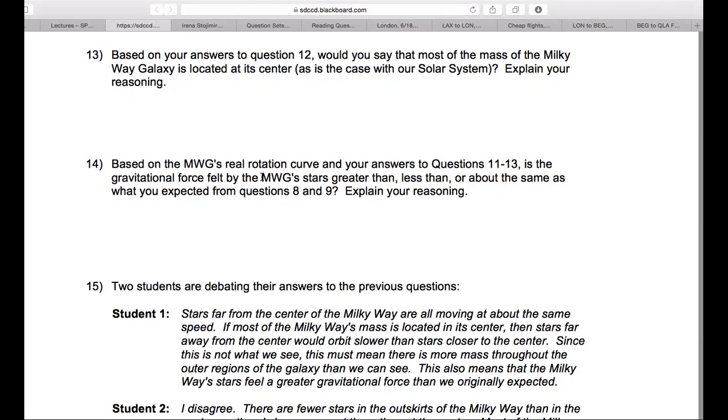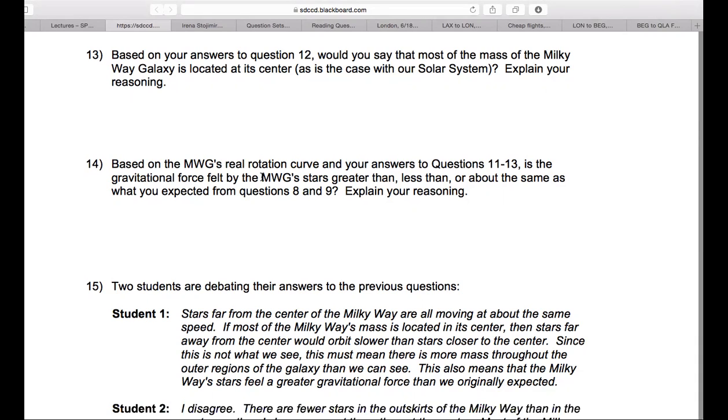Because the speeds are related to the force of gravity, right? The fact that the speeds are all the same, that they don't go down, they don't decrease, tells you that all of these stars in a way feel the same force. So how is that possible? Because you do know that the distance is changing. So because of the changing distance, the force of gravity should weaken. The fact that it's not, what does that tell you? What's happening in the Milky Way galaxy? There must be a force that is pulling on all the gravity.